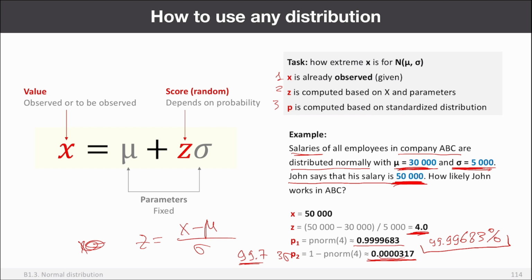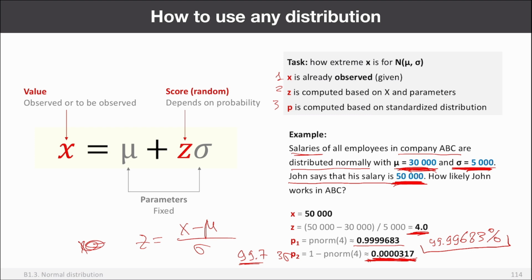So either John lies, or he is, for example, a top manager in the company and has the highest salary, which is way above the other ones, right? So that's the extremeness. It's still possible to have this value from this population, but it's very, very unlikely because the probability is very small. So that's the first way to use any theoretical distribution.